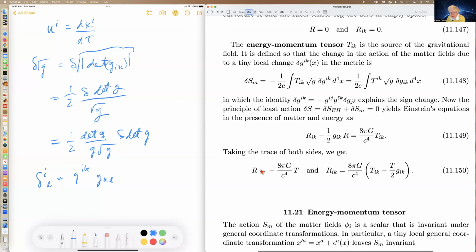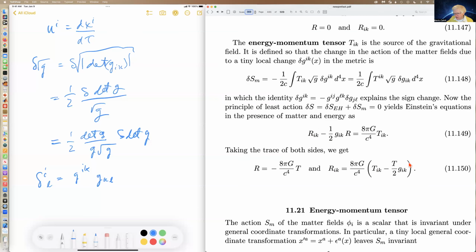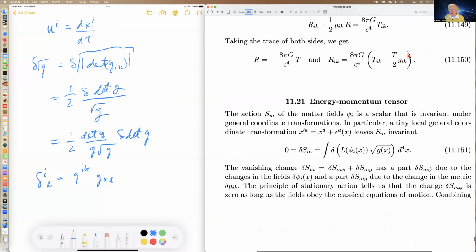And once you know that r is related to the trace of the energy momentum tensor in this way, you can rewrite this equation as Ricci tensor is G times the energy momentum tensor minus the trace of the energy momentum tensor times the metric of space-time. So this explains why the Ricci tensor and the curvature scalar vanish when the energy momentum tensor is 0.